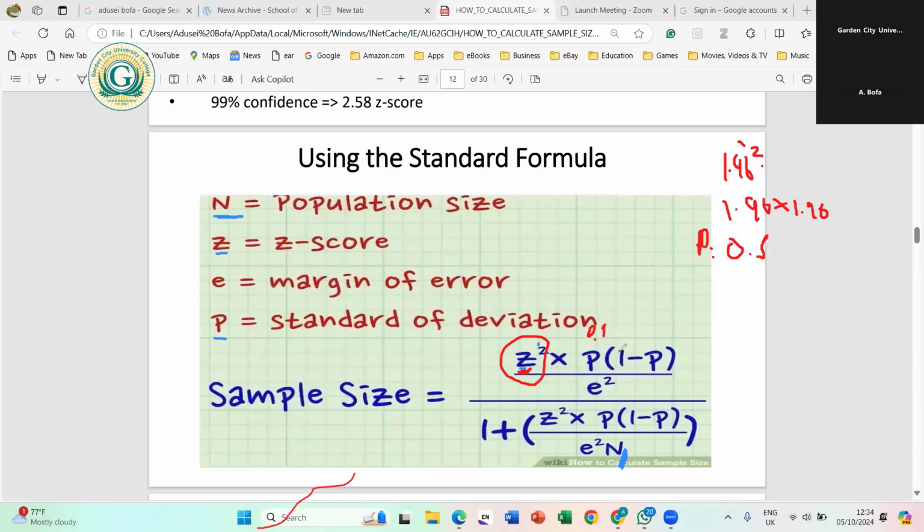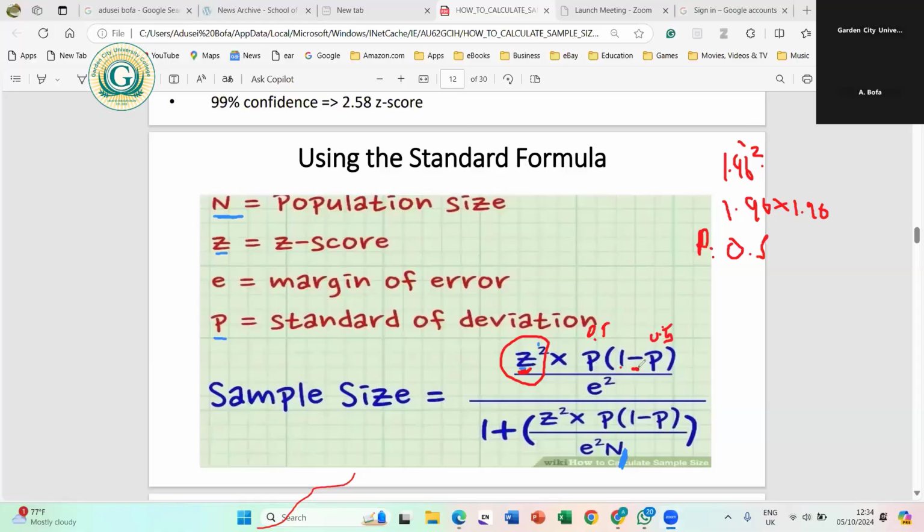Then in the bracket, 1 minus P, the same 0.5 comes here. Subtract your 0.5 from 1, and whatever you get, you put it here. Then you can multiply the 0.5, the P, by whatever you found in here. Please don't rush.